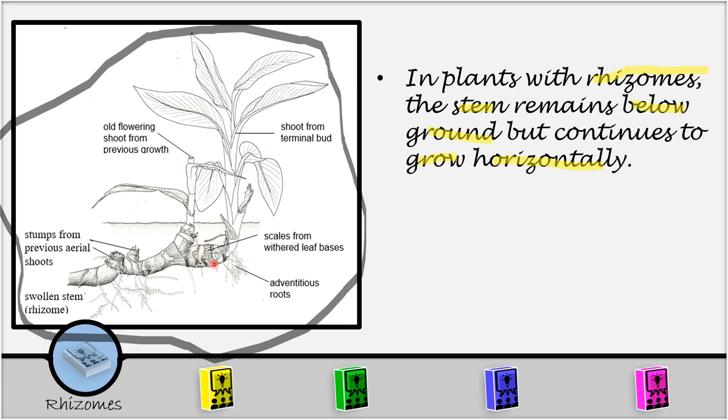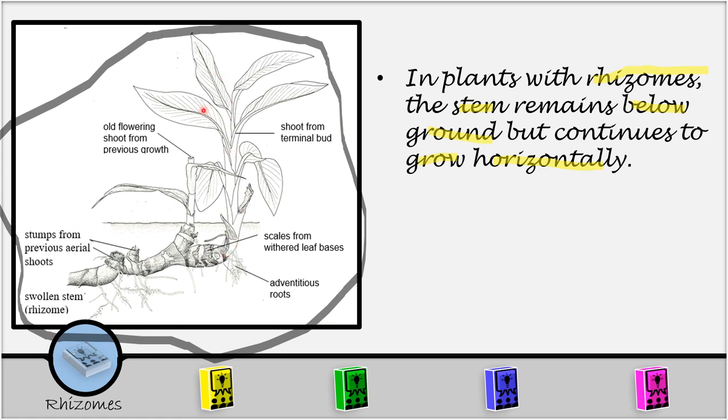And these ones we call scales from withered leaf base. Then here we have the old flowering shoot from previous growth. You can see it is withering. And then the shoot from the terminal bud. That is the new shoot.